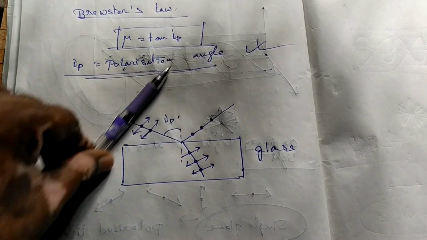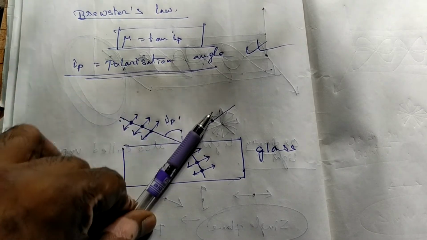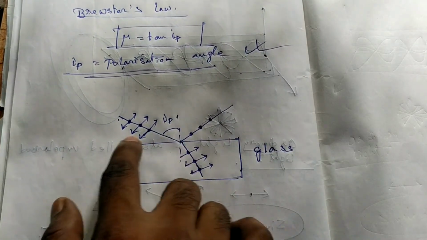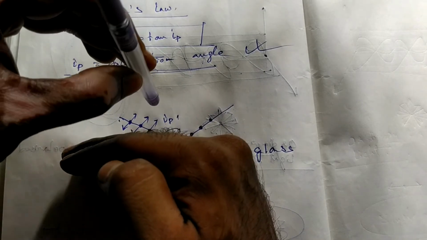How is it possible? This type of wave is not perpendicular or parallel to the surface of the medium, but this one is actually parallel.